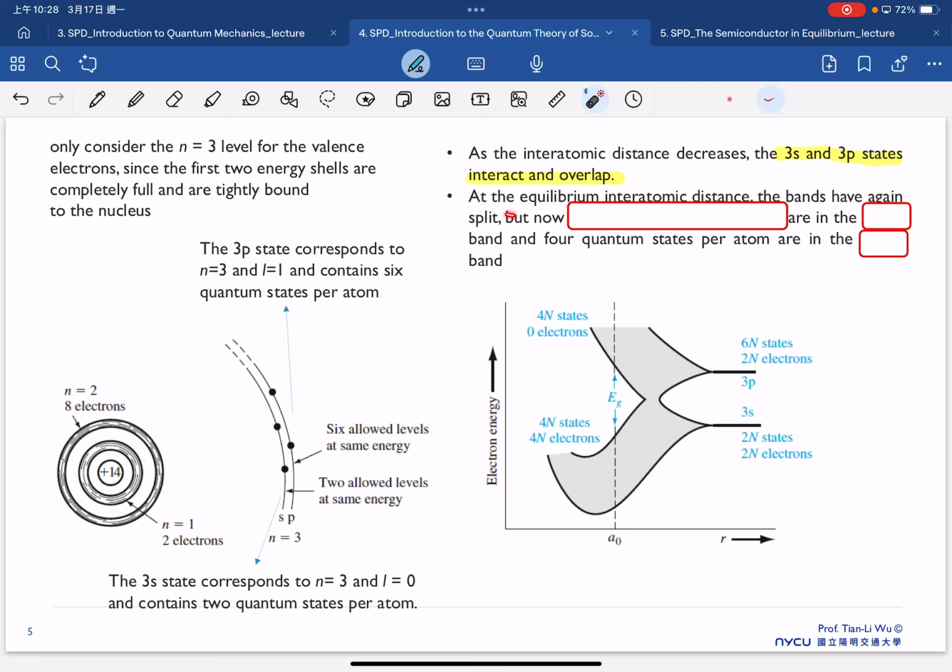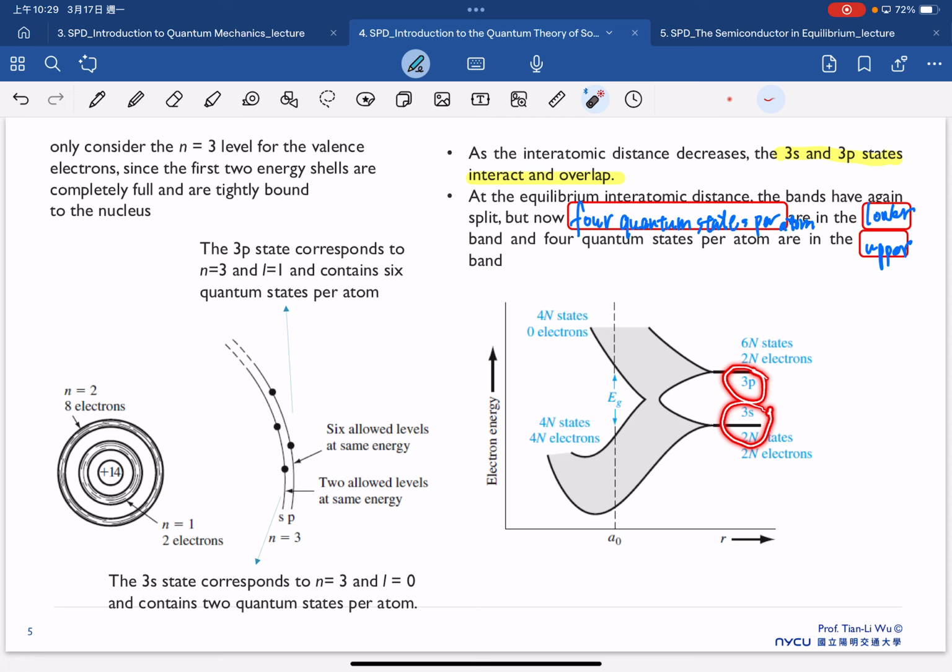At a certain equilibrium distance, the bands have again split, but now we have 4 quantum states per atom in the lower band, and also 4 in the upper band. Originally, we have 3p and 3s.